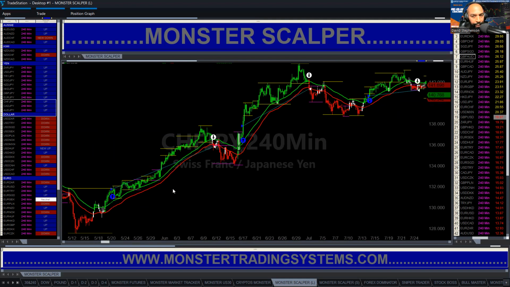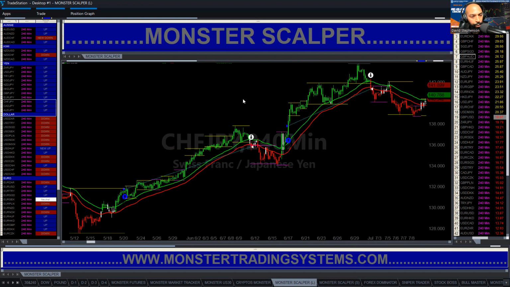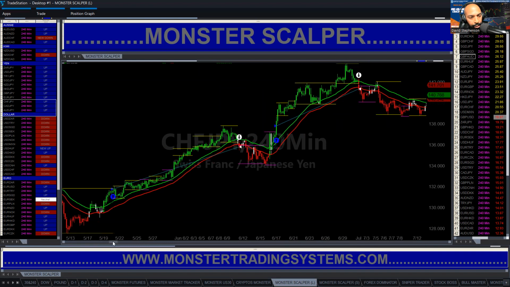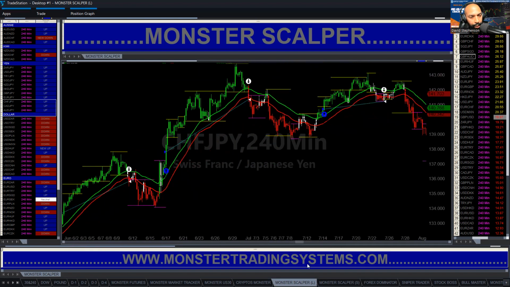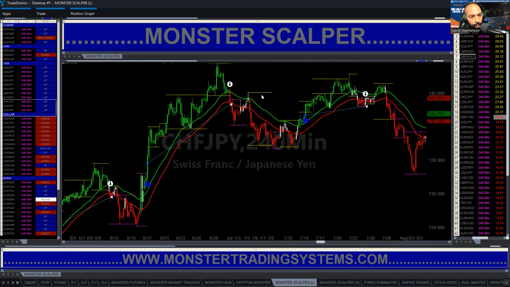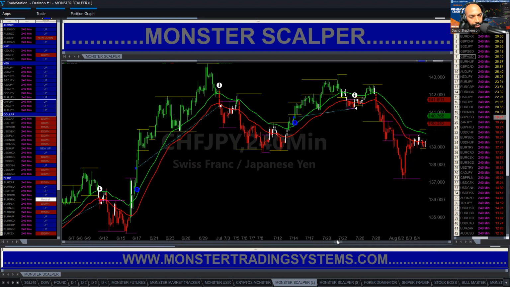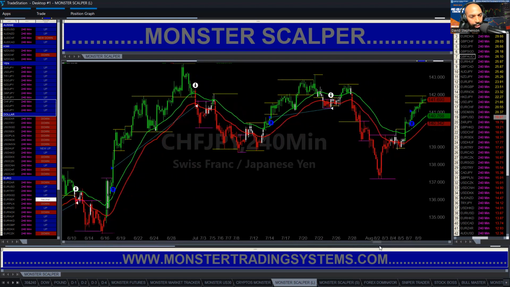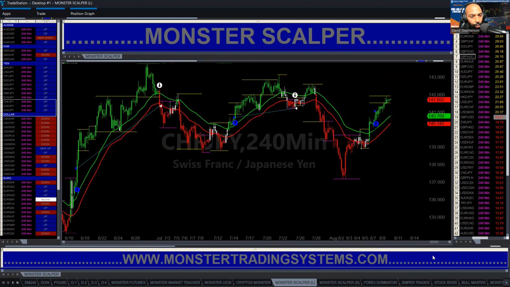The red candles, those are sellers. And the white candles, that's like neutral, like consolidation. The yellow and purple horizontal lines are support and resistance, just like you guys saw in the 4 market phases: accumulation, markup, distribution, and so forth.